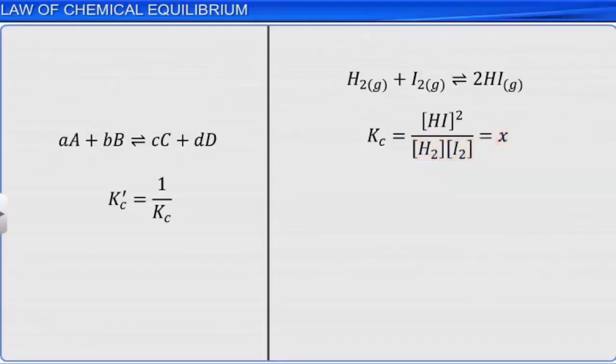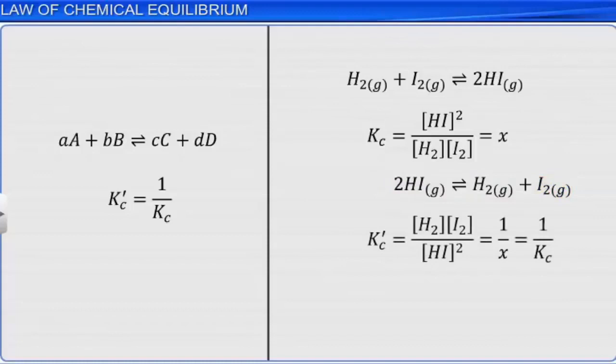Now, the equilibrium constant for the reverse reaction, hydrogen iodide disintegrating to form hydrogen and iodine, is written as K-c is equal to the product of the concentration of hydrogen and iodine divided by the concentration of hydrogen iodide raised to the power of 2.